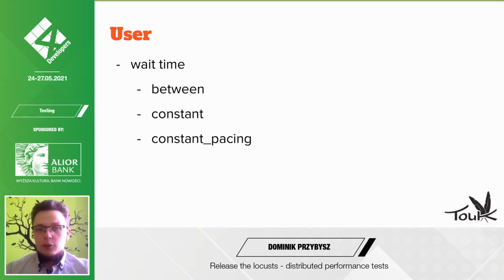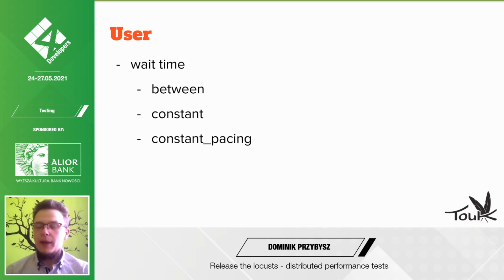A user can also have a wait time, and there are three wait time functions built in. You have between, where you set two numbers, and Locust will randomize a number in the range between them. Of course, the time is in seconds. You have constant, which means this is the time from the end of the previous task to the start of the next task.